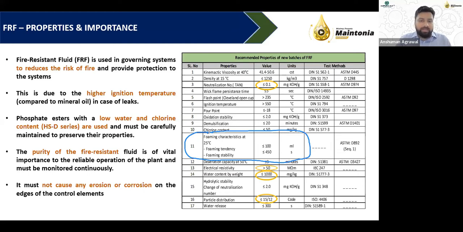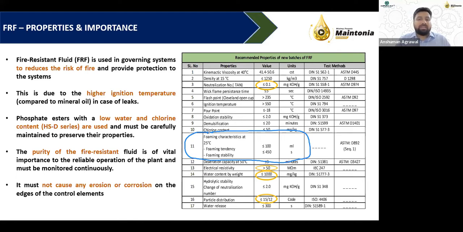But unfortunately, over the last few years, it has been found that these fuller earth cartridges start releasing magnesium and calcium ions once the TAN value starts building up inside that fluid. So while these fuller earth cartridges are unsuccessful in reducing your TAN values, on the contrary, they are releasing magnesium and calcium ions into your fluid.